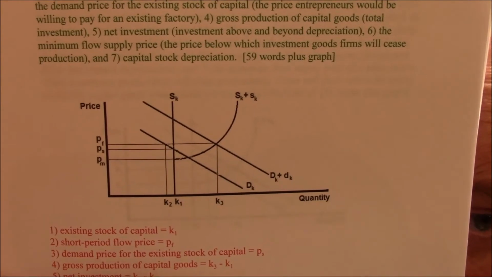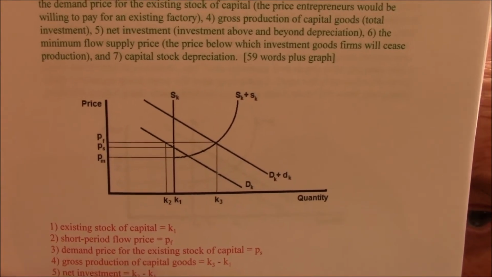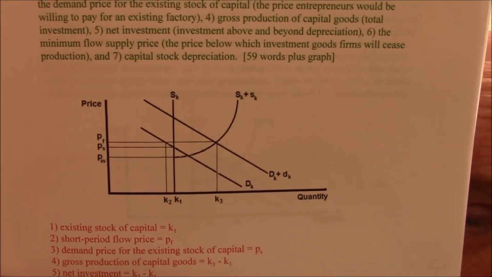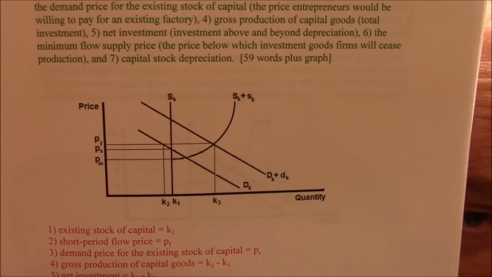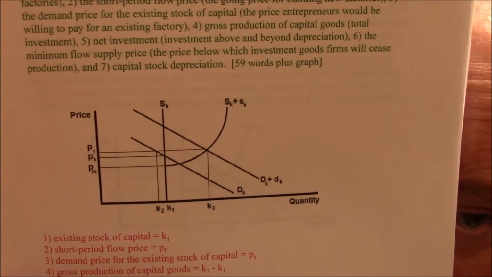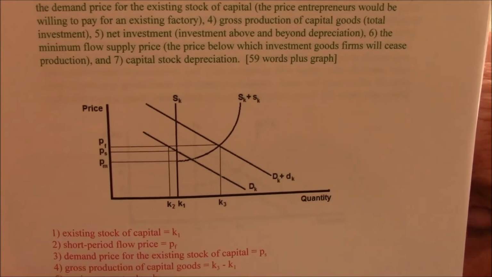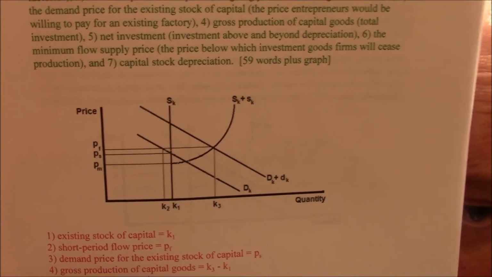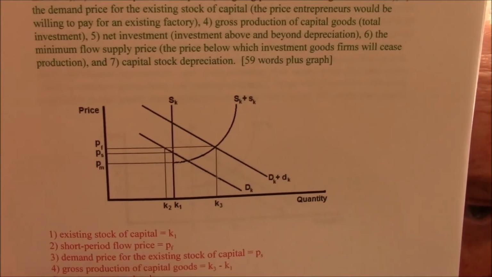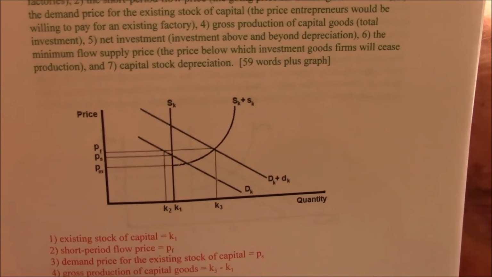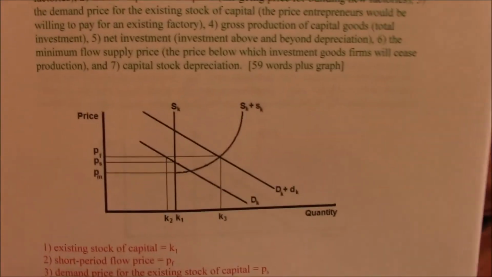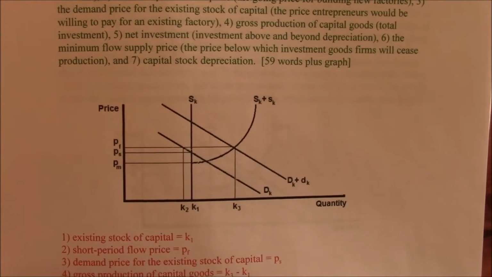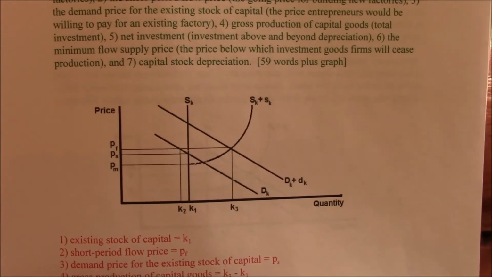What you can see is, in this situation, PF, which is always going to be the intersection of the SK and DK, is going to be the far right one, because that's what's actually going to be going on this time period. PS, or the demand price, is kind of in your head, all right? It's not written down somewhere. It is what you would be willing to pay. PF is written down on a sheet of paper.